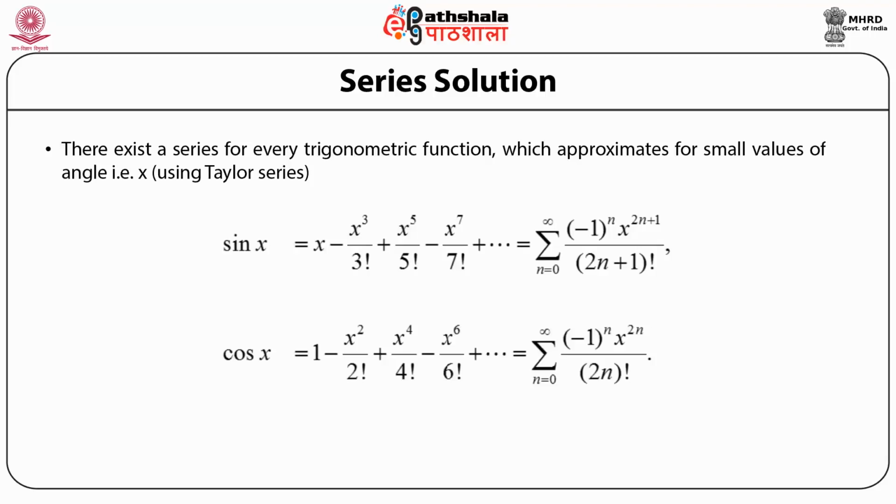So cos x is equal to 1 minus x squared by 2 factorial plus x power 4 by 4 factorial minus x power 6 by 6 factorial going up to infinity. And the simple direct equation would be sigma n from 0 to infinity minus 1 to the power of n x power 2n divided by 2n factorial.